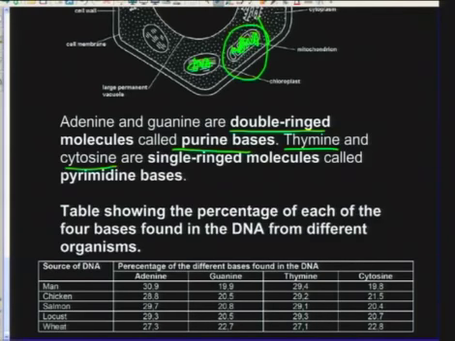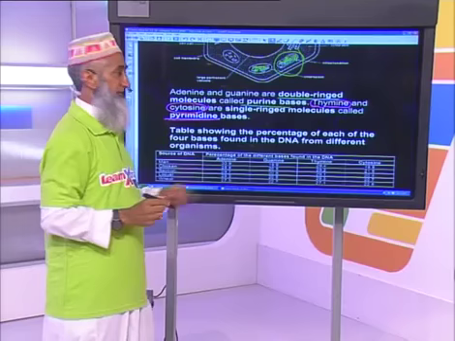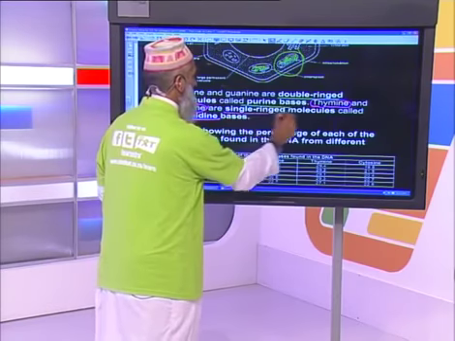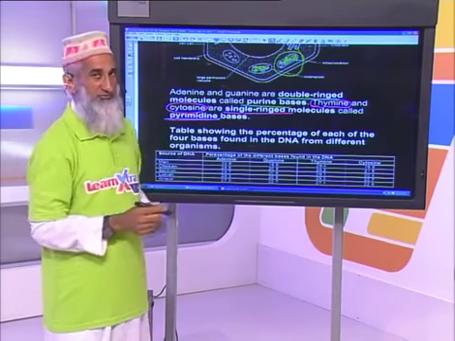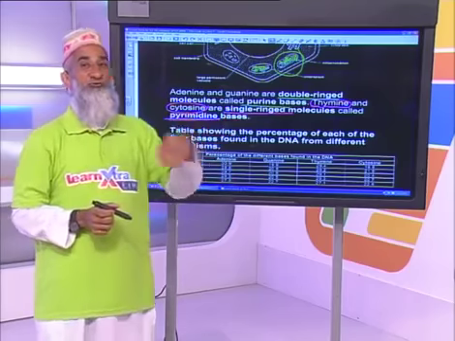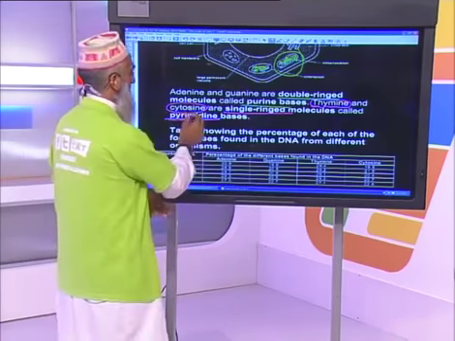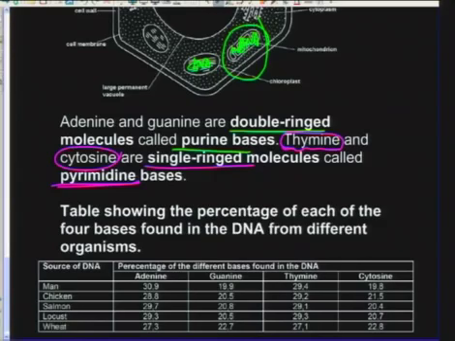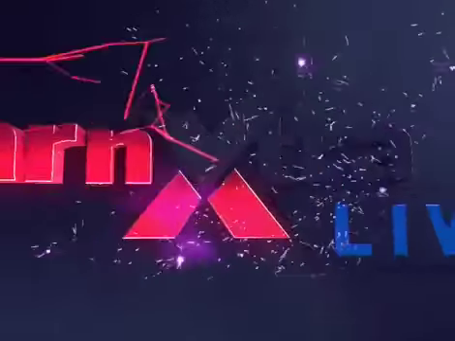Thymine and cytosine are pyrimidine bases, and they have single ring molecules. The chemistry, you do not have to go into the details. Just you've got to know that cytosine and thymine are pyrimidines, and adenine and guanine are purines.